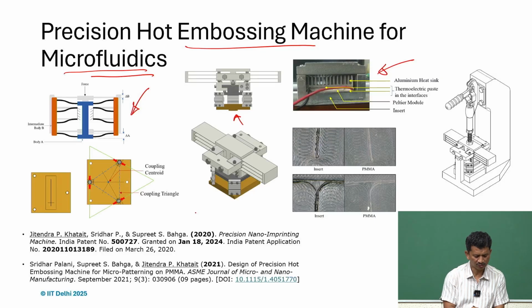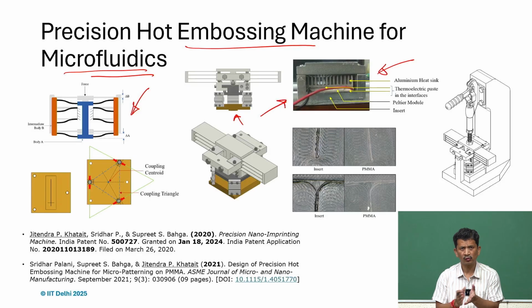At the same time, what we also understand is that heat is involved, there is a heat source, so there is going to be expansion and contraction, and it should be designed in such a way that there should be a thermal center, and at the same time it allows expansion if there is heating, and then when it's cooling down it should shrink back or contract without building any kind of stresses due to over constraints.